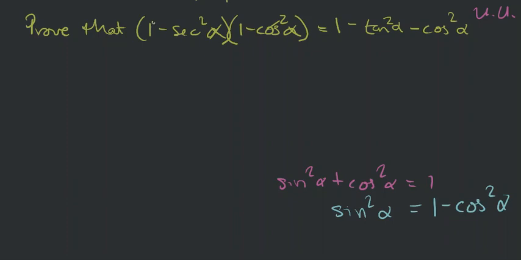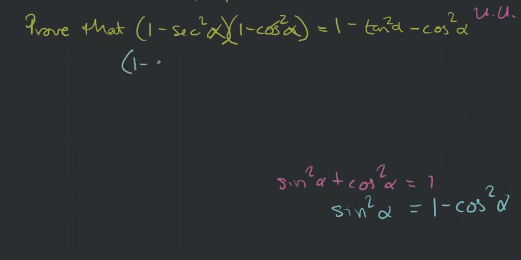Another thing we could do is expand these brackets like we just did in the previous question. So there's not just one way to solve this, but since I've just noticed that 1 minus cosine squared alpha is the same as sine squared alpha, let's go ahead and do that.